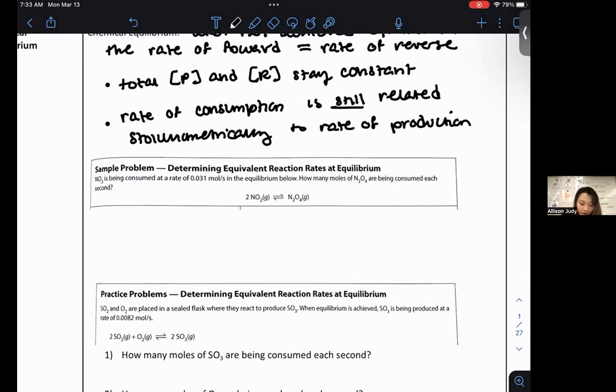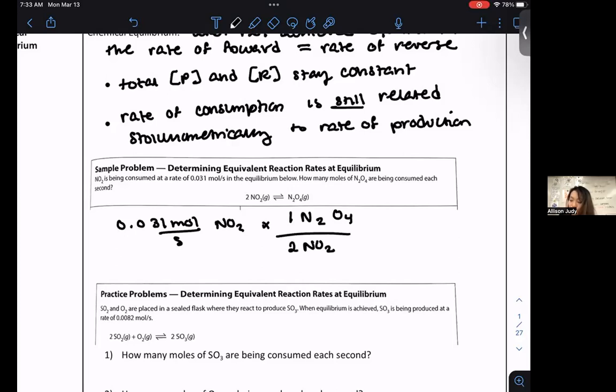So I know that for every 0.031 moles per second NO2 is being consumed, which means that, according to our chemical reaction, for every one N2O4, I consume 2 NO2. So therefore, at equilibrium, I am also producing at the same time a rate of 0.016 moles per second of N2O4.